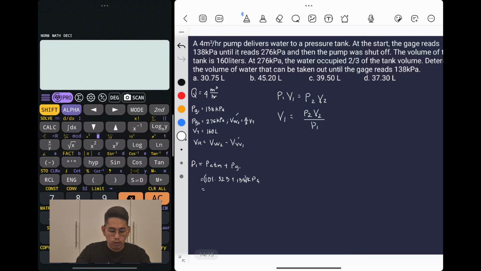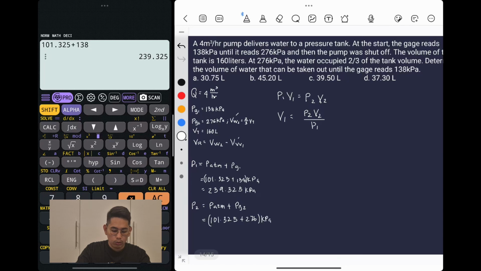I used 101.325 because it has the same unit as our given 138 kPa. So 101.325 plus 138 is 239.325 kPa.